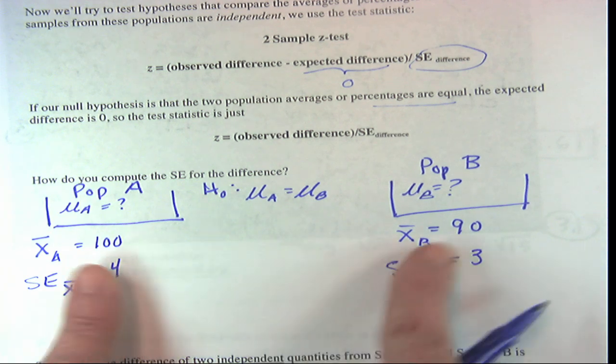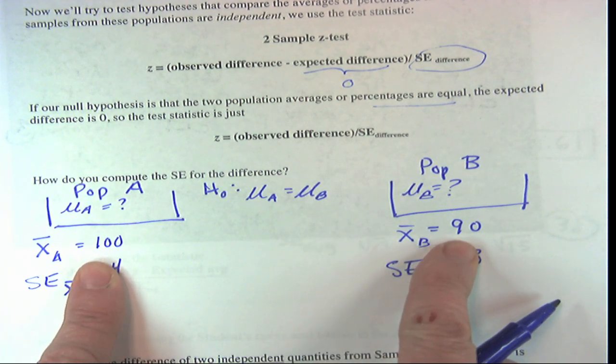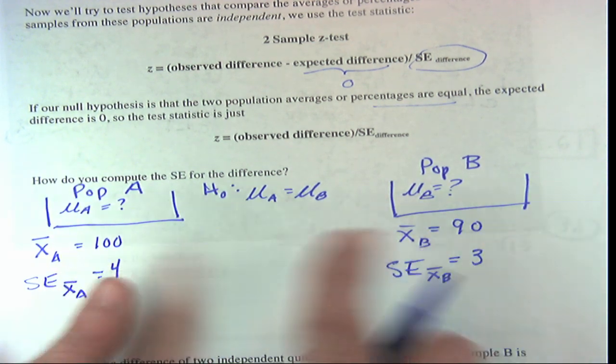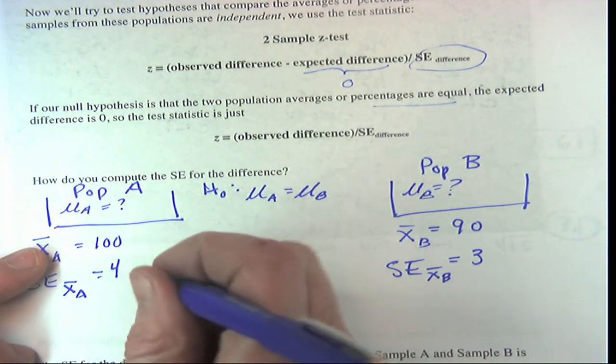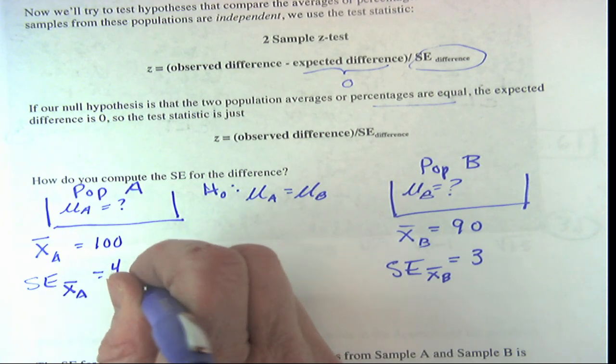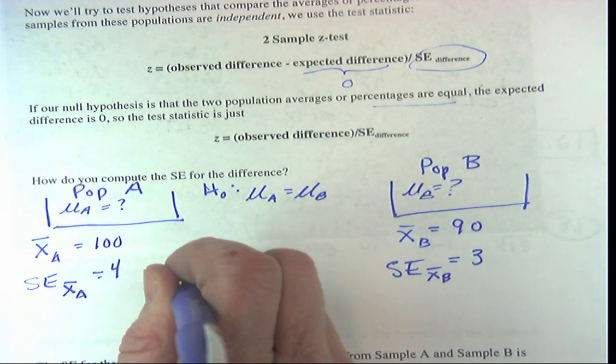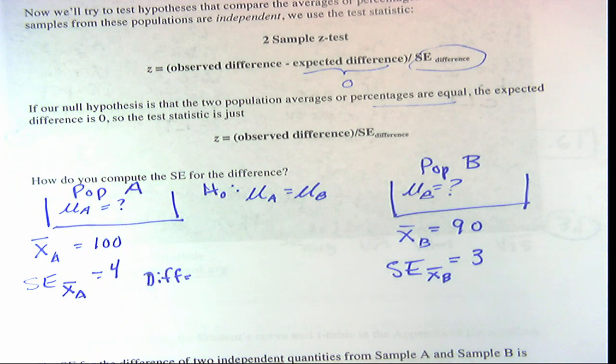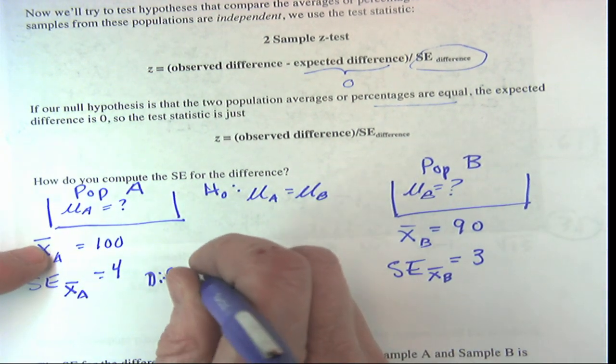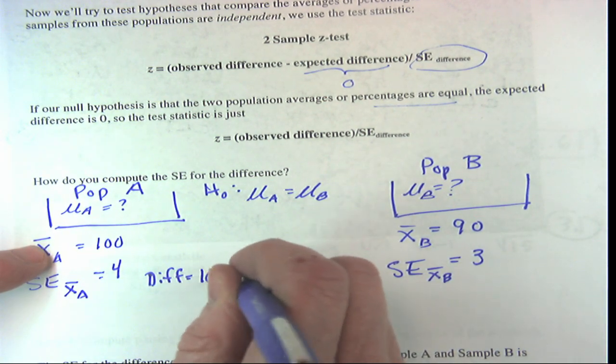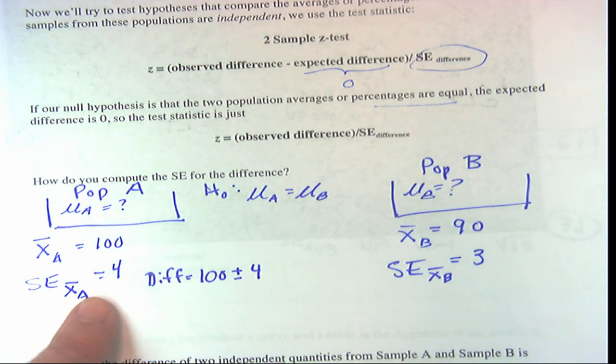So this difference of 10 is going to bounce around, right? Each time we take a new sample. So our difference right here between the two samples is going to be what? Think about this. It will be 100 plus or minus 4 from this one.